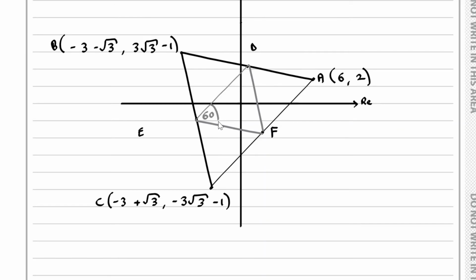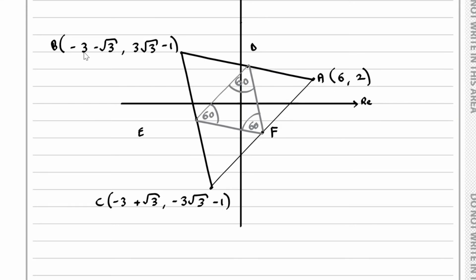60 degrees here, 60 degrees here, 60 degrees here. The reason for that is we have an equilateral triangle, and because D, E and F are the midpoints of these sides, DE, EF and DF are all equivalent in length. If we find out these midpoints, first of all, let's find the midpoint of AB.